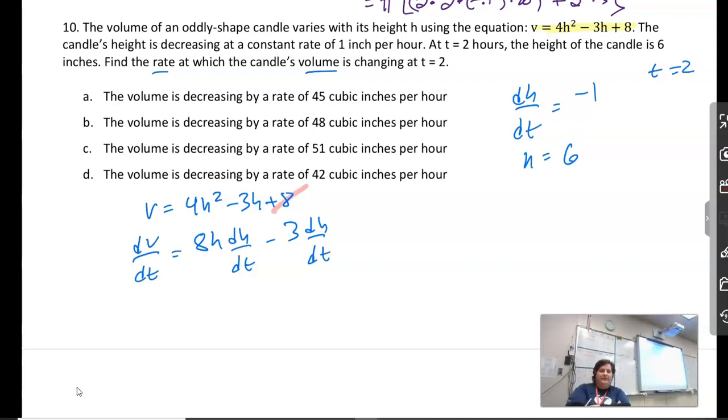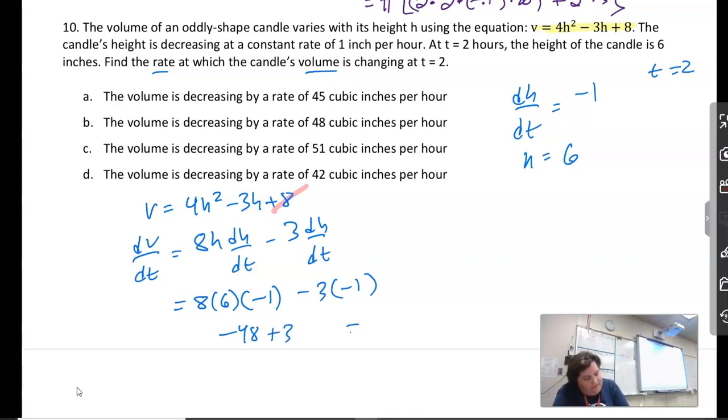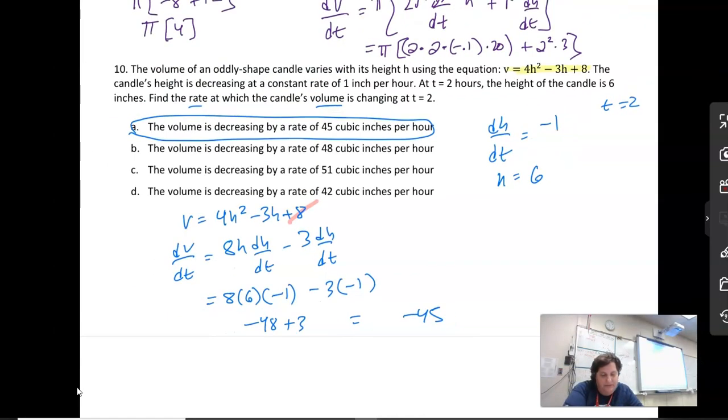The derivative of 3h is 3, but I still have to put dh/dt on it, okay? So I'm going to get 8 times 6 times negative 1, and then 3 times negative 1. That gives me negative 48 and plus 3, so negative 45. The volume is decreasing at a rate of 45 cubic inches per hour.